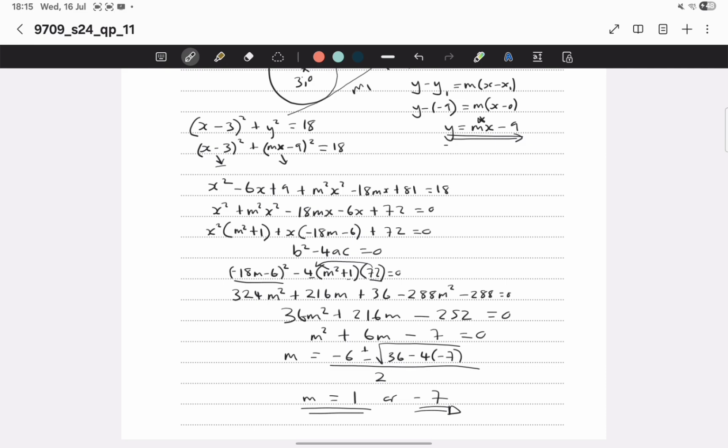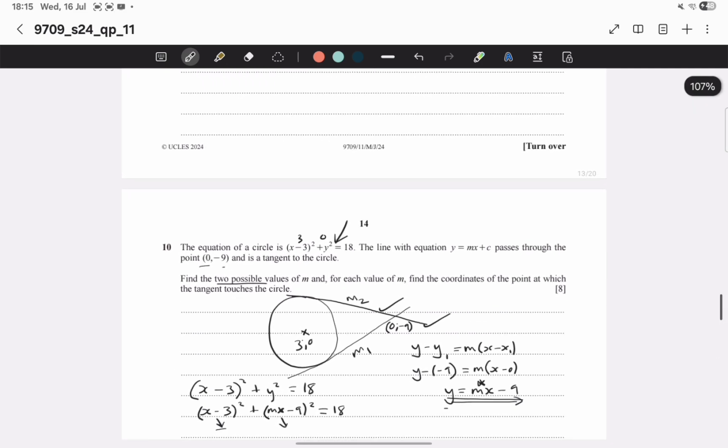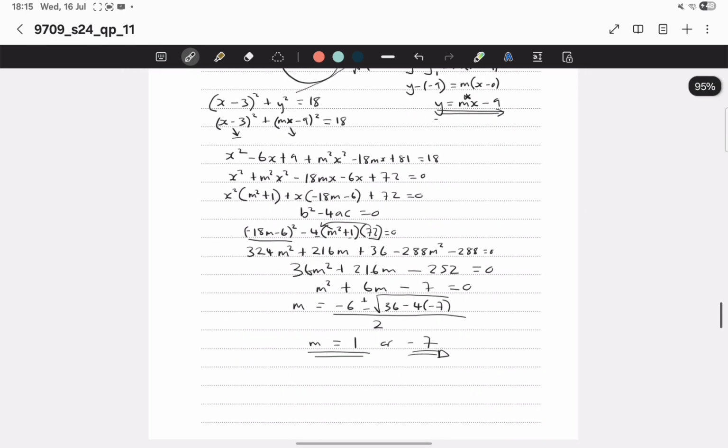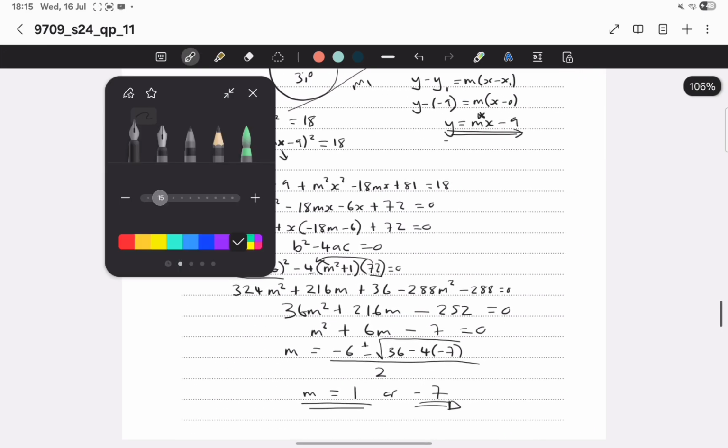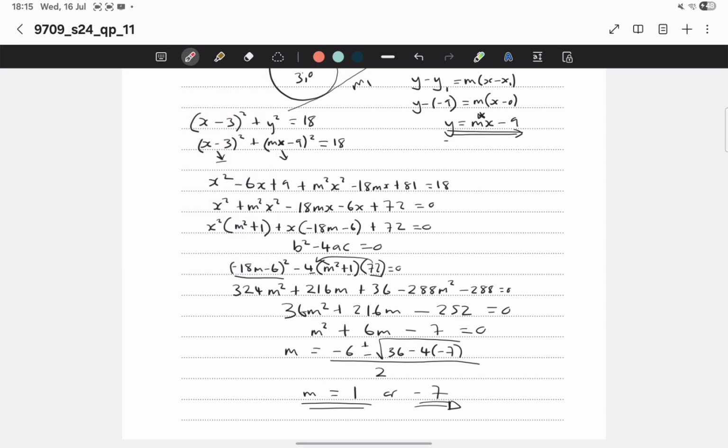So for us to now get the coordinates of the point at which the tangent touches the circle, we are going to use this expression right here, and substitute each one of these values.